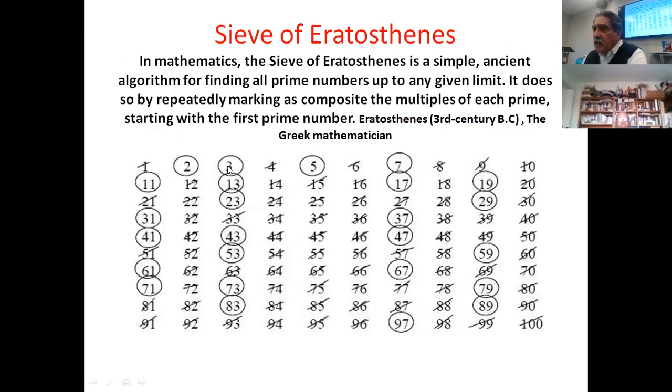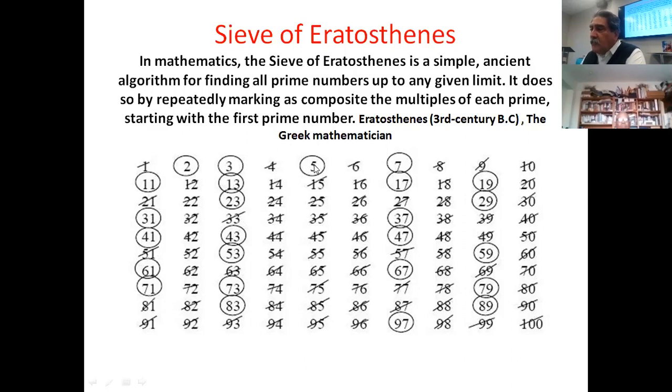Then we do the same with 3. 3 is a prime number because it can only be divided by itself or by 1 with no remainder. So I circle 3 and cross out all the multiples of 3, like 6, 9, 12, 15, 18, here 33, all the way to 100.